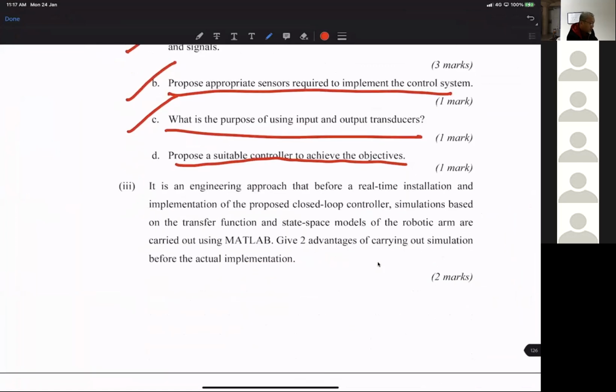Question number 3. Give the advantage of carrying out simulation before the actual implementation. We can know the outcome through the simulation.